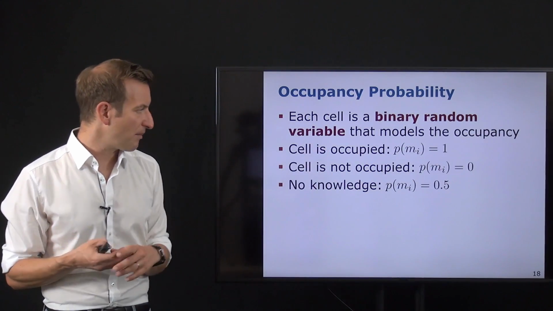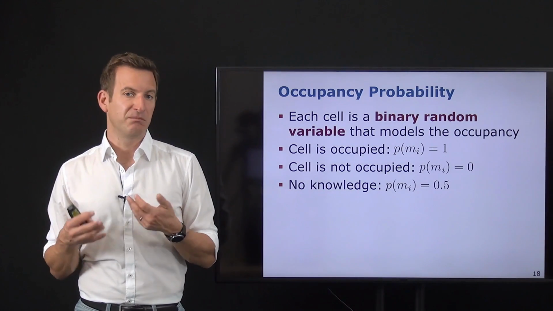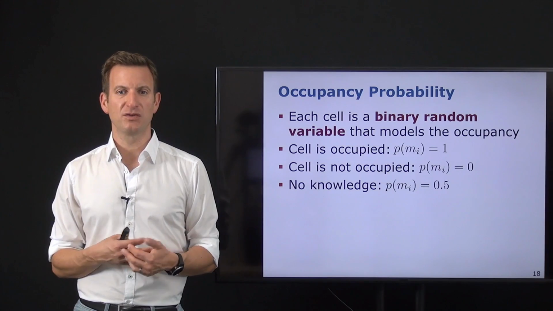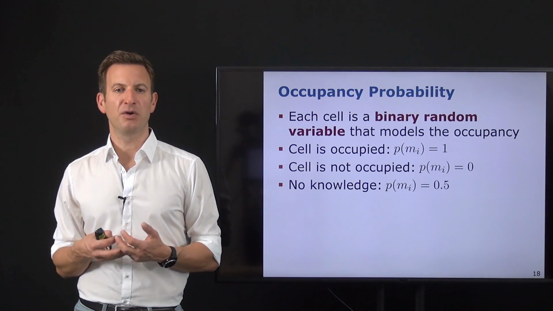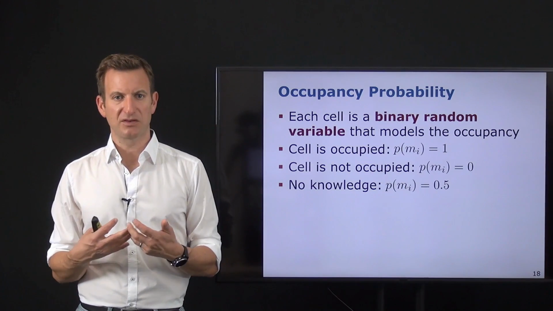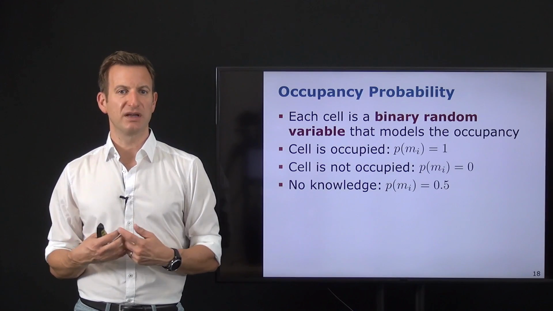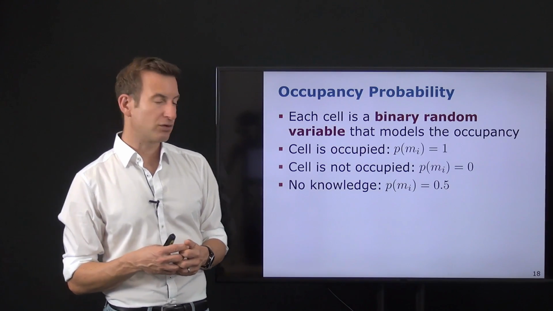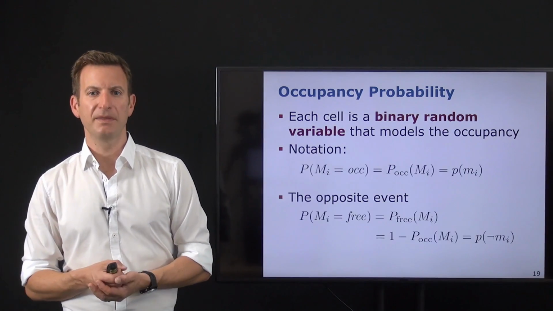Then I could represent this with a probability of 0.5. And if I maybe gathered some information, but the information is noisy, and let's say I have an occupancy probability of 0.8, it means I'm more certain that the cell is occupied rather than free. So with 80% chance this cell is occupied. This is what 0.8 would mean.